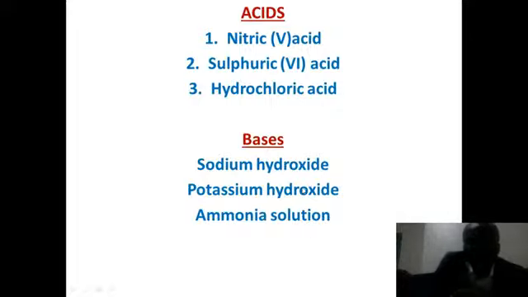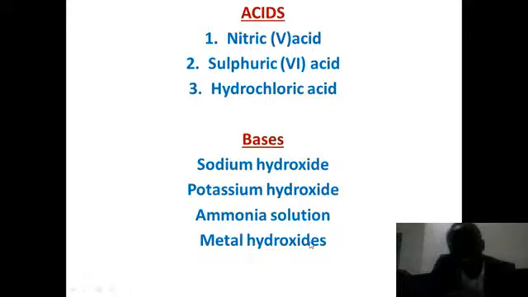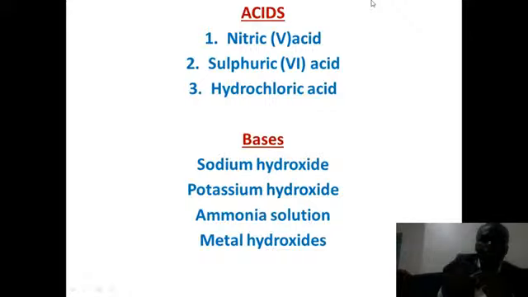Now, the other class of bases is the large group of metal hydroxides. Now, this one is not wide, is not complex, as it lists calcium hydroxide and magnesium hydroxide.